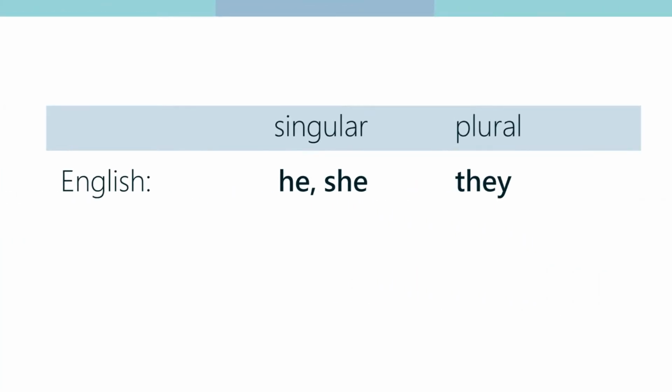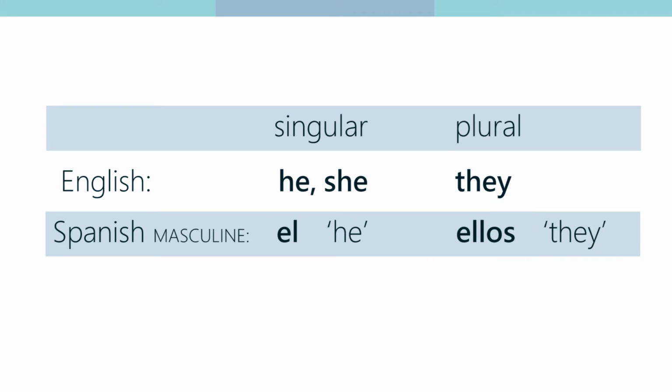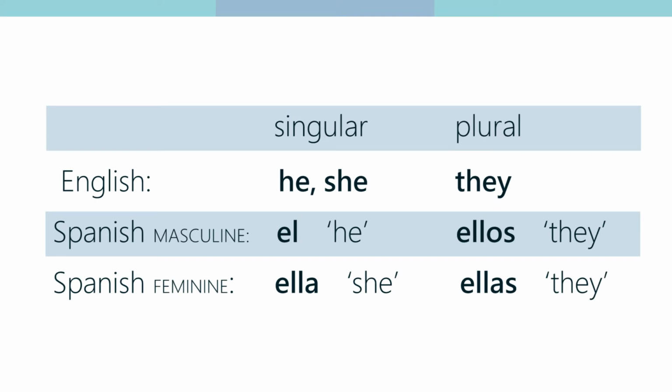Okay, so the plural of él or he in Spanish is ellos, which is they but masculine. So it has a gender as well, but in English the word for they doesn't. He and she, when they become plural, is they, but in Spanish she is ella and then the plural is ellas. A specific language could emphasize a particular piece of information more than the other.